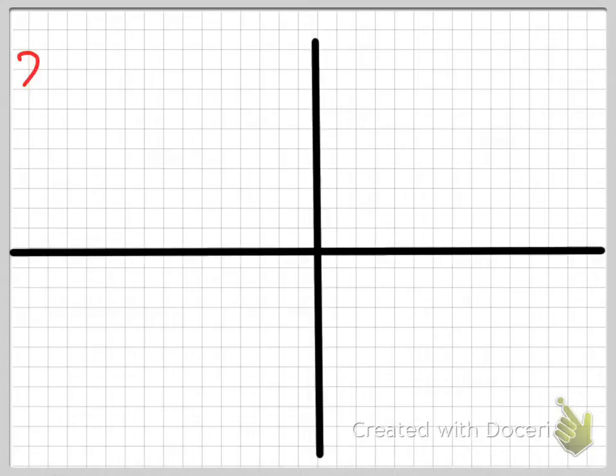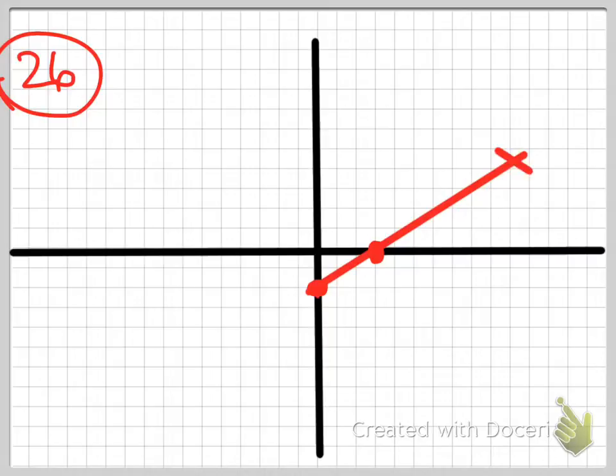So on number 26, it says the x-intercept is 3. That's right here. The y-intercept is negative 2. That's right there. And then you connect those dots to graph that line and just match it up with the correct picture.